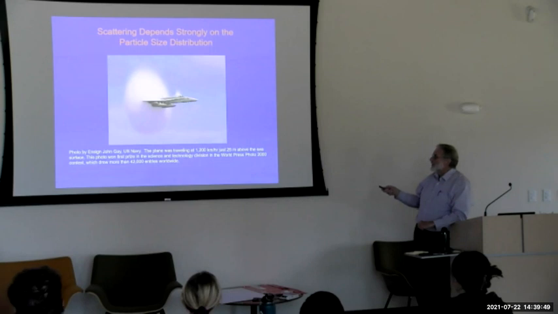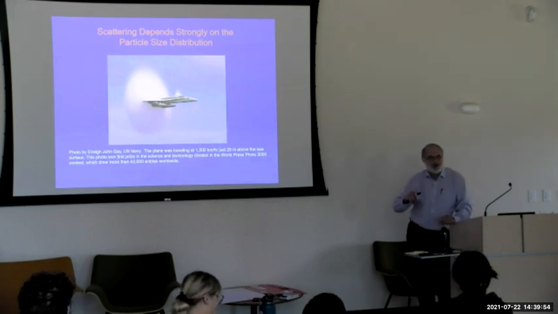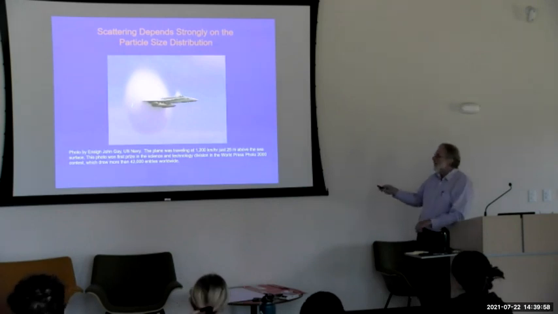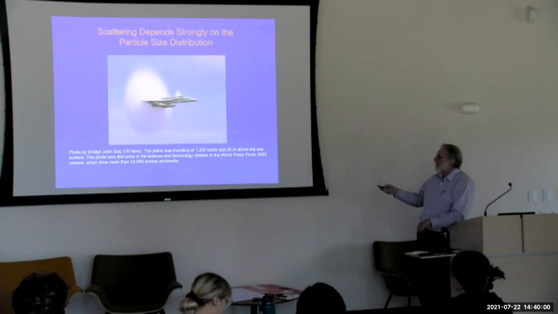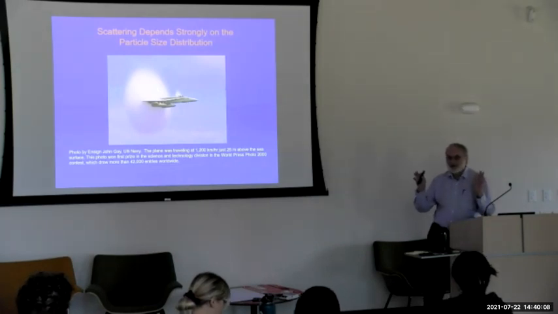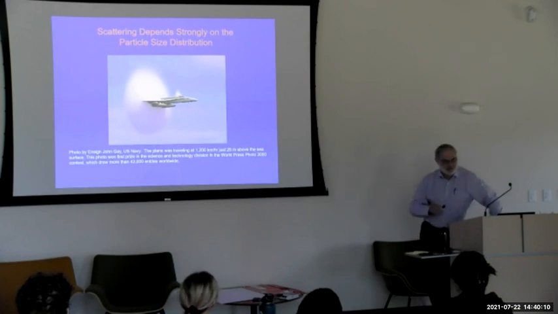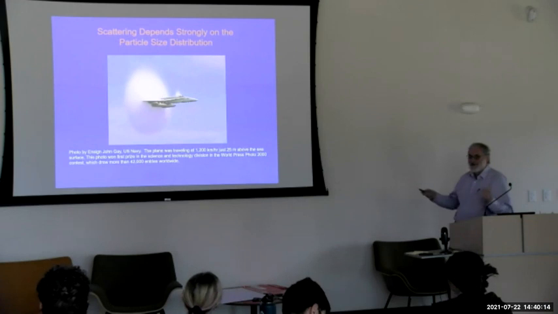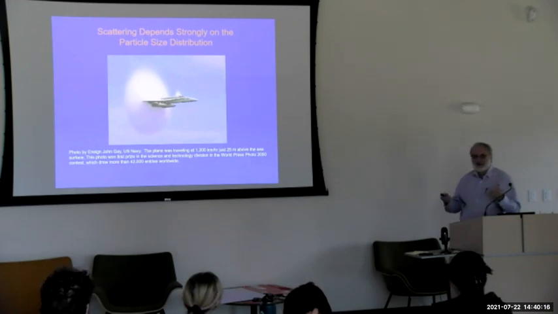So you've changed the size distribution, and these big water droplets scatter sunlight very strongly. So all of a sudden you see this white cloud, and then as the plane goes along and you get back out of the shock wave region, the pressure goes back to what it was, the cloud evaporates, it goes back to water molecules, and you don't see them anymore. So the moral of the story is everything else is the same, but you just change the size of the particles, you radically change the scattering.